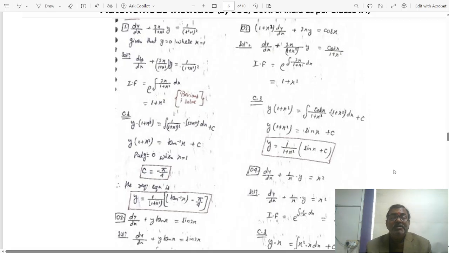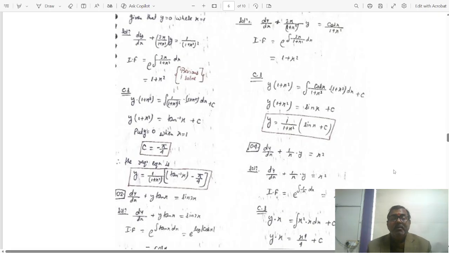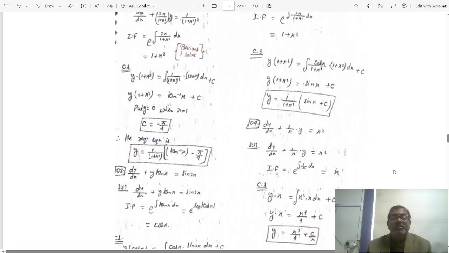After cancellation and integrating, we get (1 + x²) y = tan⁻¹x + c. Now put the value y = 0 when x = 1. So c = −π/4. So that is the required solution: y = 1/(1 + x²) (tan⁻¹x − π/4).